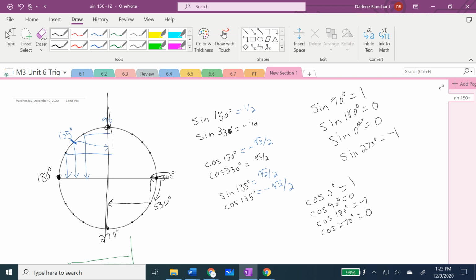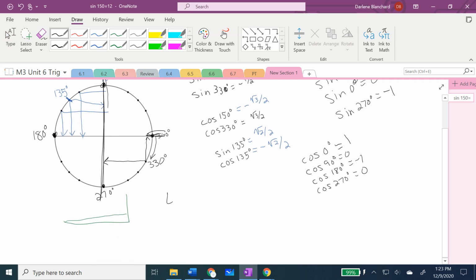Now, when I move into tangent and cotangent, I want to be aware of sine and cosine. Tangent is always sine over cosine. So if I ask you, what is the tangent of, let's go with 330 degrees. Then you're looking at the sine of 330 degrees divided by the cosine of 330 degrees.